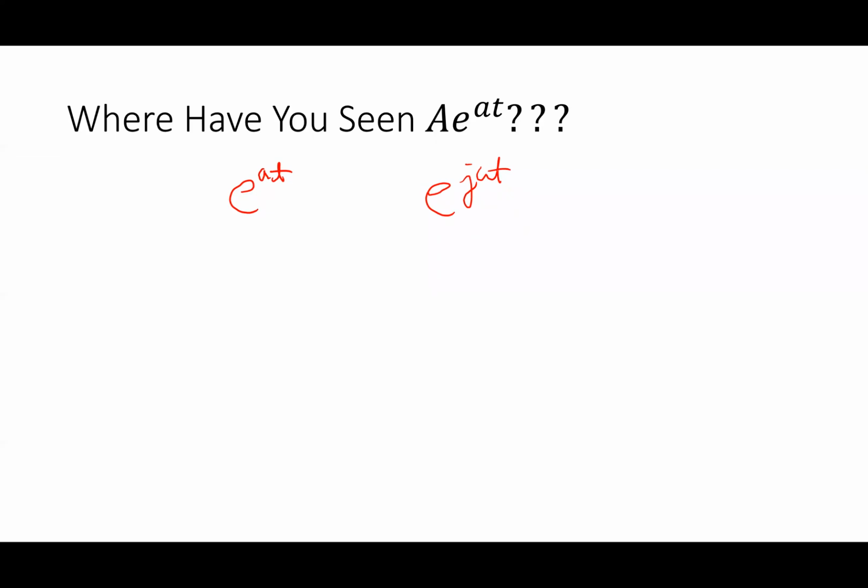You've seen this before. You know things like cosine omega t equals what? It's related to e to the j omega t. Yeah, it's the real part of e to the j omega t.